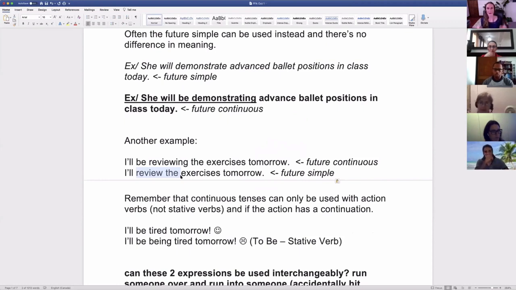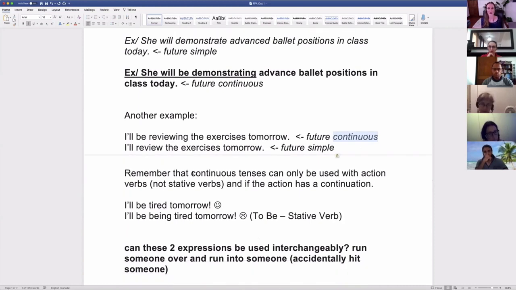Okay? If you really, really want to stress the duration of an action, then you can use the future continuous. If it's really important for the audience to know that there's a duration, then you can use the future continuous just to make it clear.